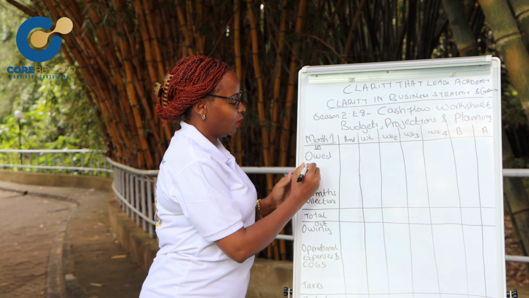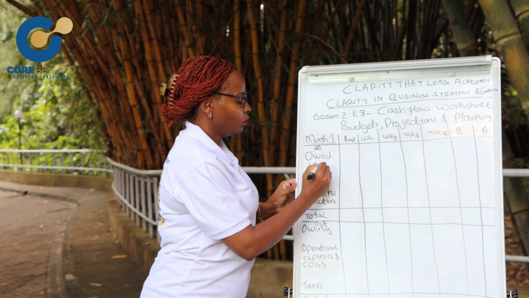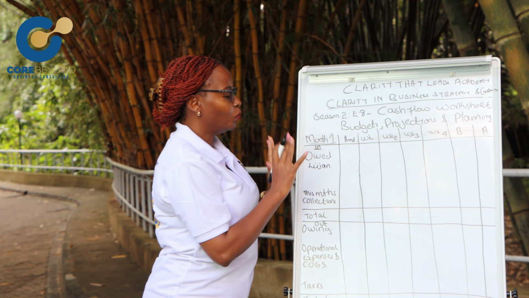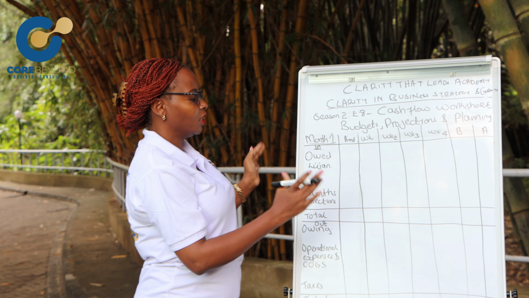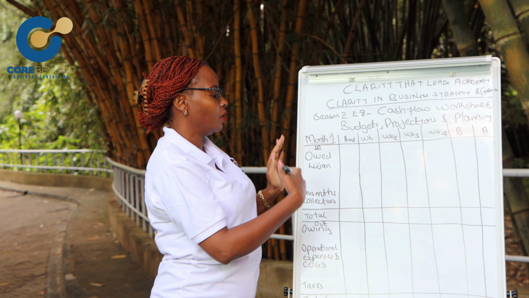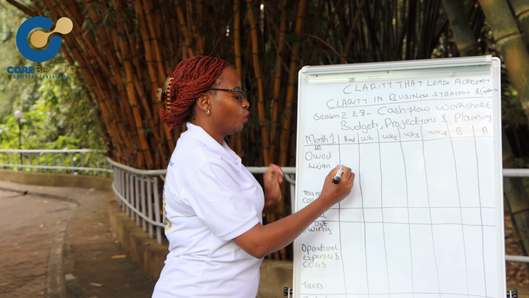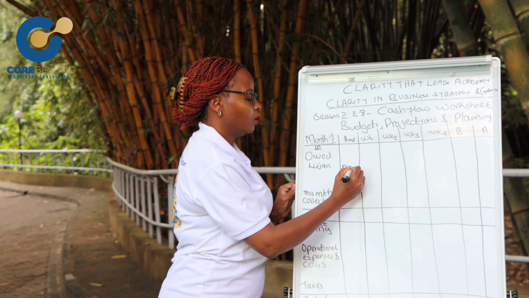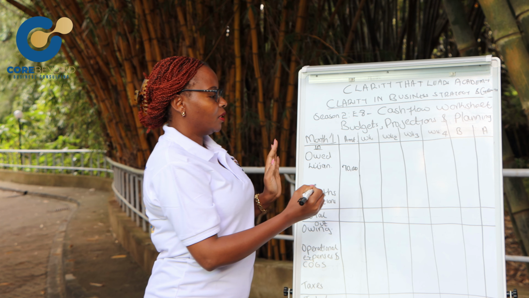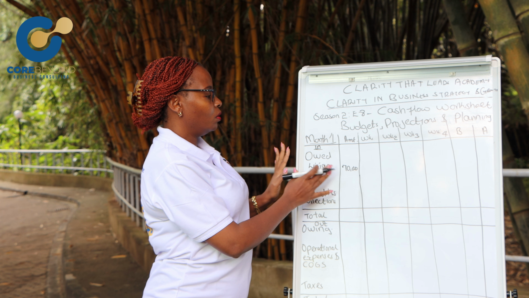So if, let's say, Lilian owes you, how I like doing it, I like putting in the total amount. It doesn't matter the sum that is going to be paid next month or this month. So I put in the total amount, assuming I'm owed 70,000. But I have a payment plan with Lilian.